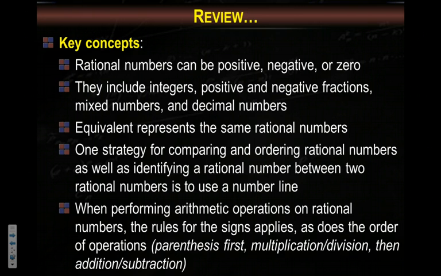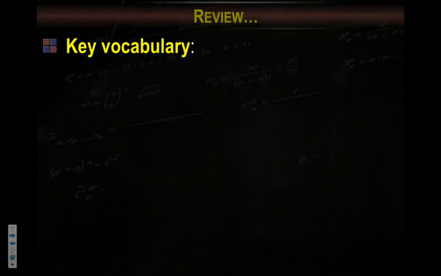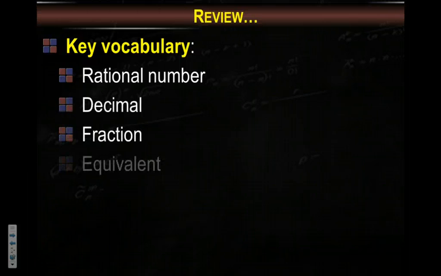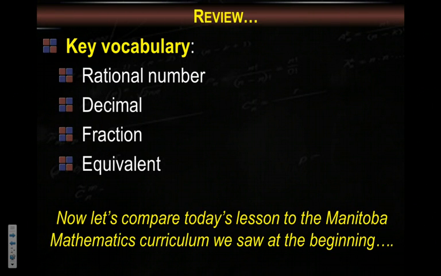So parentheses and BEDMAS, for those of you who know what that means, all of that applies with arithmetic operations on rational numbers. Keywords. Here are the keywords from the last 2 days. Rational number, decimal, fraction, and equivalent. Does anyone need a definition for any of those?